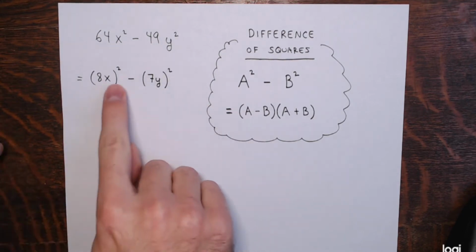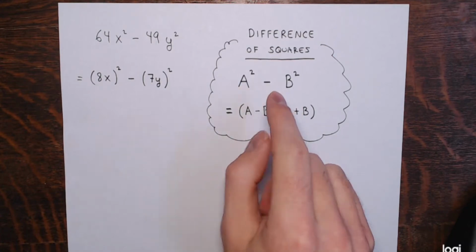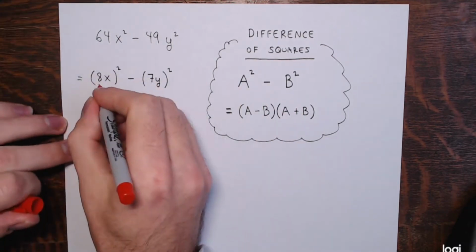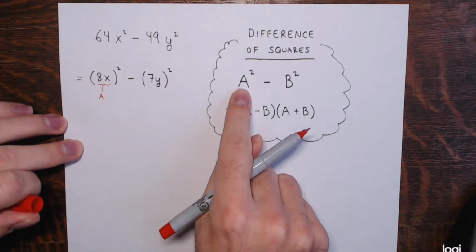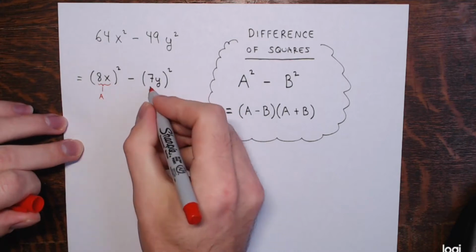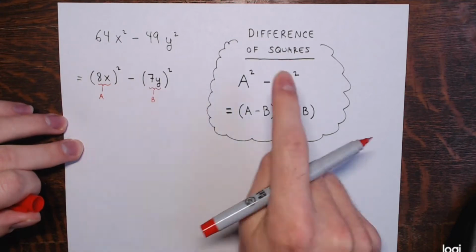So now I have the expression looking just like this form over here, where this 8x is like the a in my formula, and the 7y is like the b in my formula.